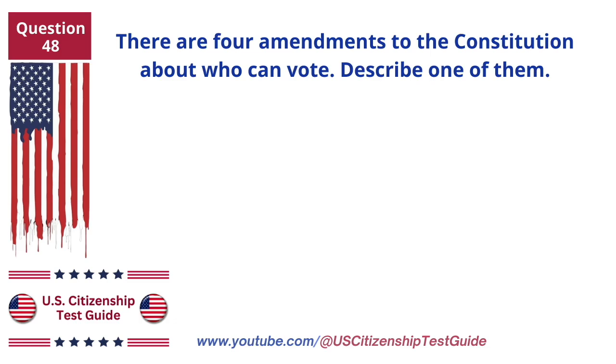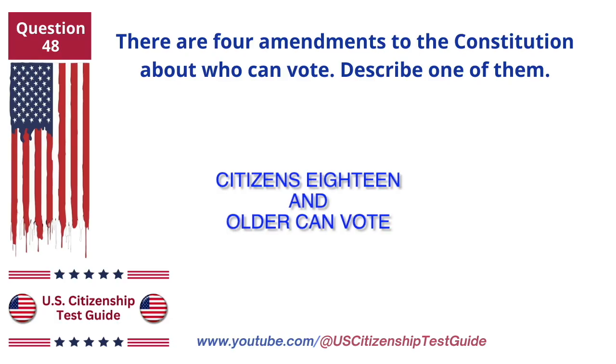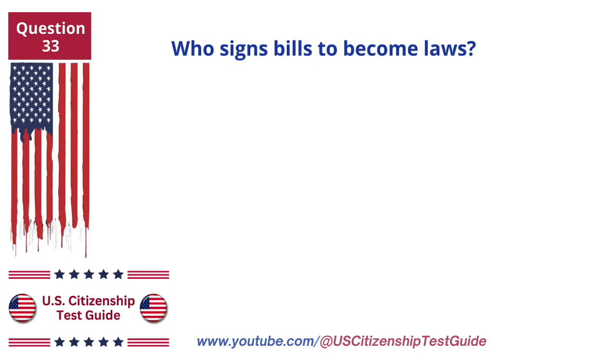There are 4 amendments to the Constitution about who can vote. Describe one of them. Citizens 18 and older can vote. Who signs bills to become laws? The President.